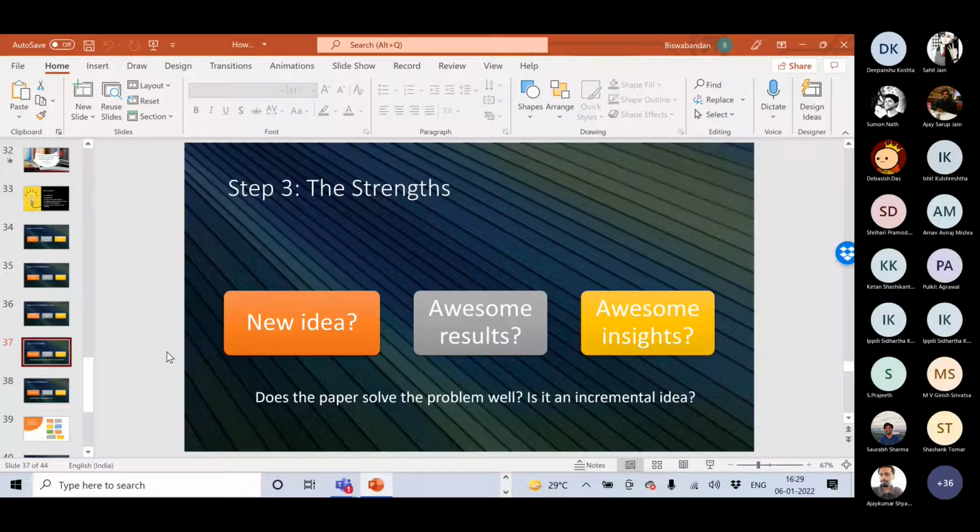And when you try to find out the strengths, you can ask yourself: if you would have solved this problem, what would have been your approach? Is the approach incremental, or is it a completely new idea, or is the proposed solution already proposed long ago and no one is working on this field? Anything can happen. So while finding out the positives, keep the negatives also in your mind, but don't write them in the strength part, right?